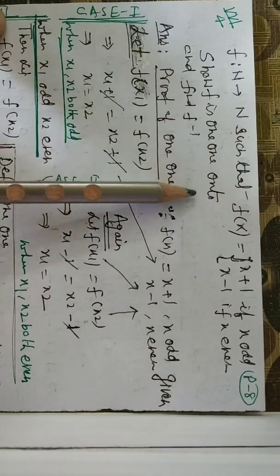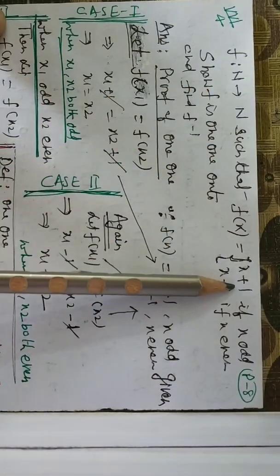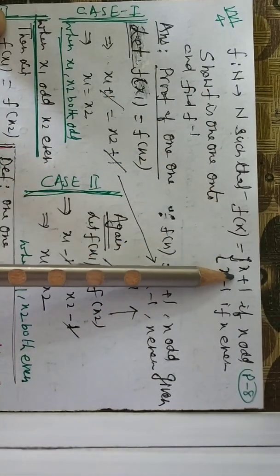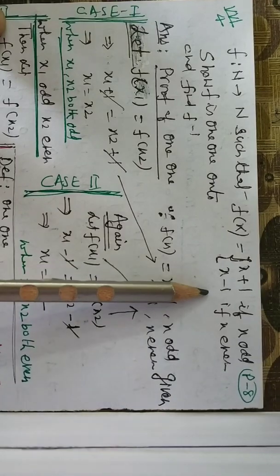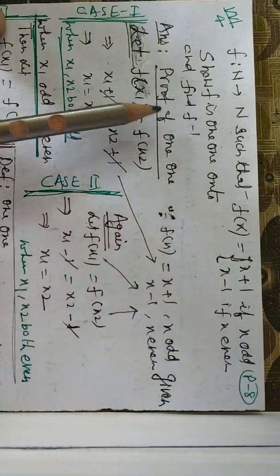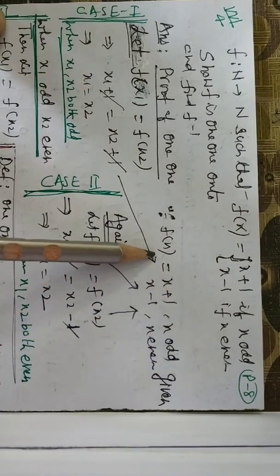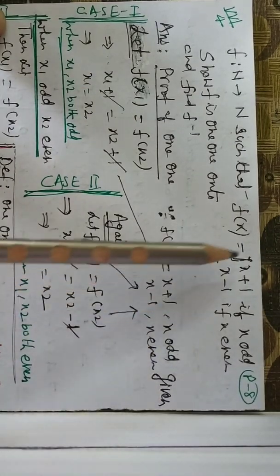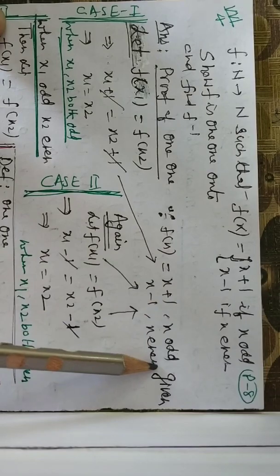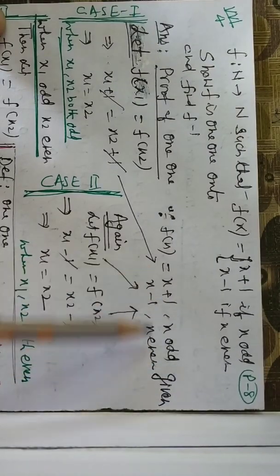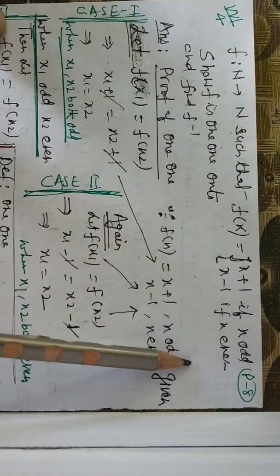Fourth question, there are two pieces in the definition: f(x) is equal to x + 1 as well as x - 1. So take for odd first. Taking this definition, f(x) is equal to x + 1 is for odd and x - 1 is for even. Two definitions are given.